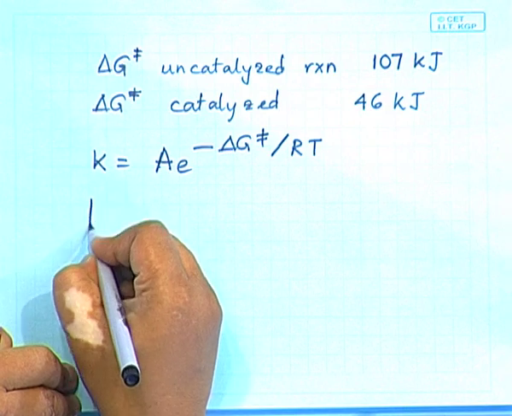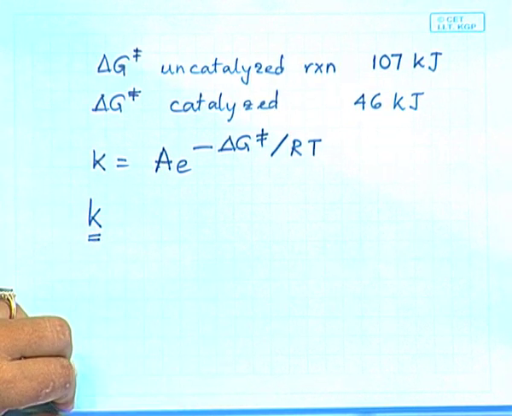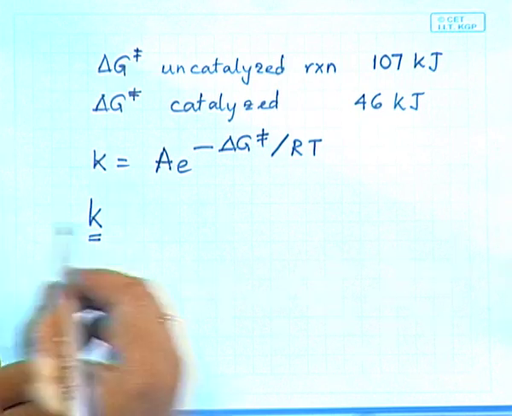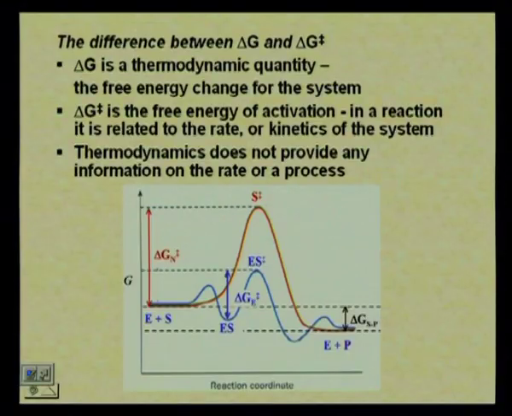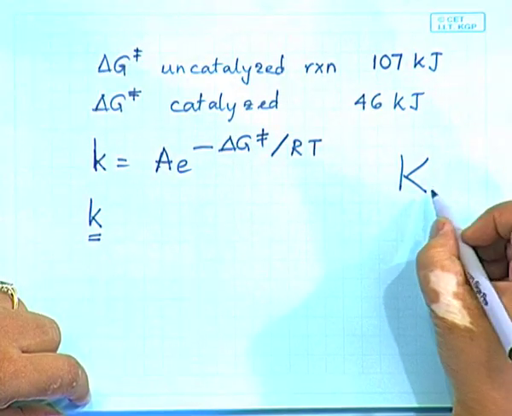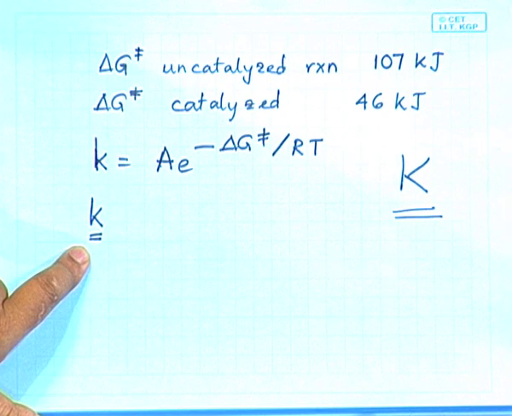I can find a k value. Now, this is small k. Small k is for rate always. Capital K is for equilibrium. It is never the other way around, and you should never make that mistake. Capital K is for equilibrium always, and small k is always for the rate.